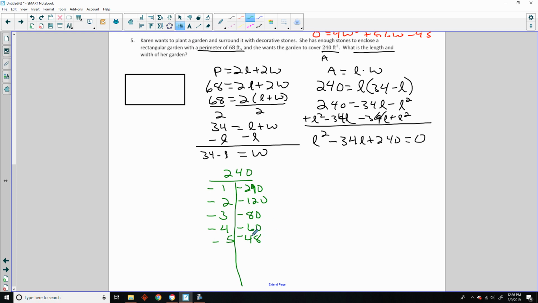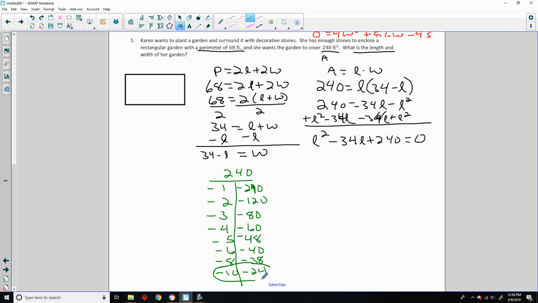Keep going. Negative 6 times a negative 40 adds up to 46. Getting closer. 7 won't go. Negative 8 times a negative 30 is a negative 38. Very close. We're looking for 34. Negative 10 times a negative 24 will give us a negative 34 sum.